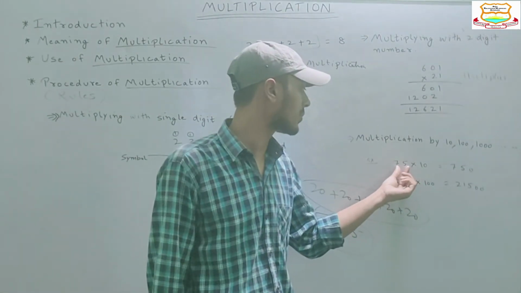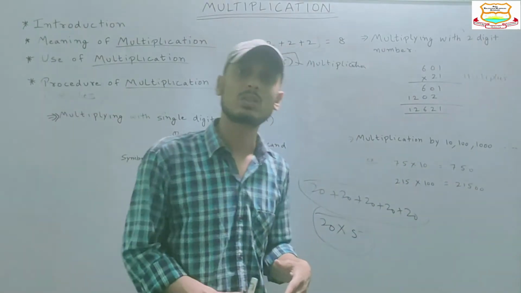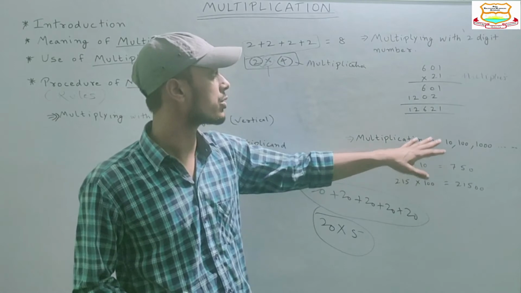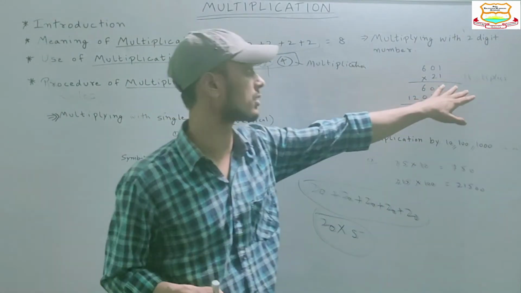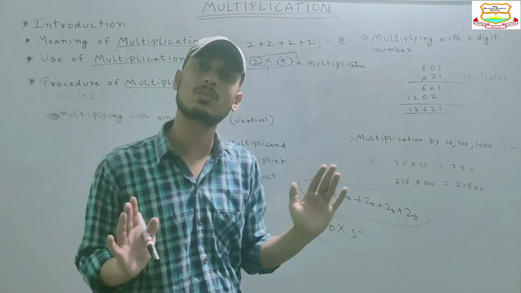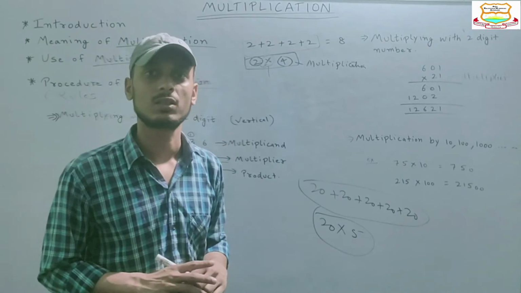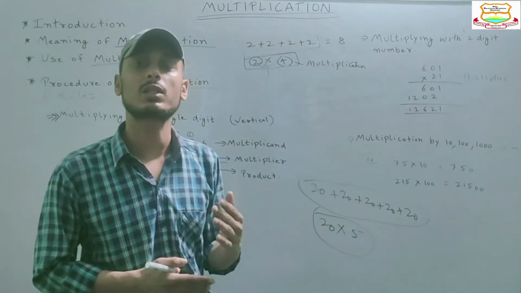Suppose we want to multiply 75 by 10. To multiply this, we don't need to arrange the numbers vertically. Yes, of course, if you do it that way, the answer will remain the same. But this multiplication can be done in an easier way.